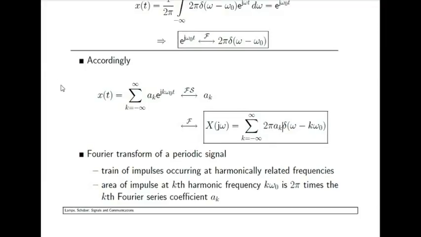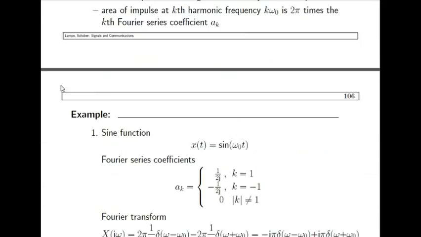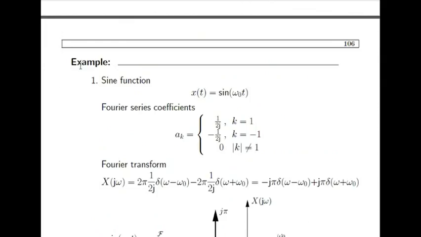Now let's see some examples of periodic signals. First is the sine function. x(t) is sine omega naught t and its Fourier coefficients are a_1 equals 1 upon 2j, a_minus1 equals minus 1 upon 2j, and 0 for k not equal to 1 or minus 1.